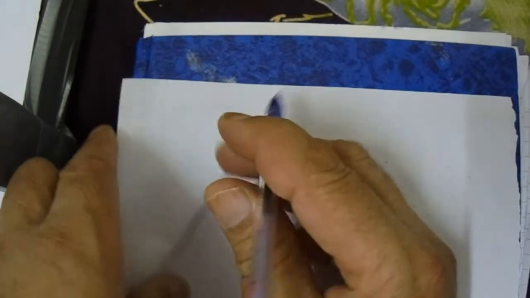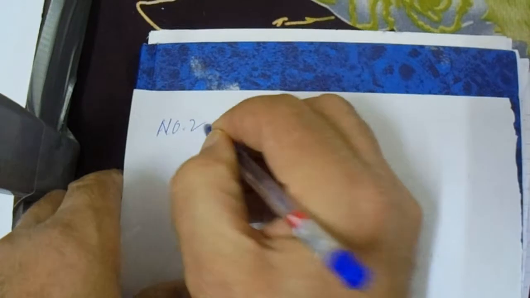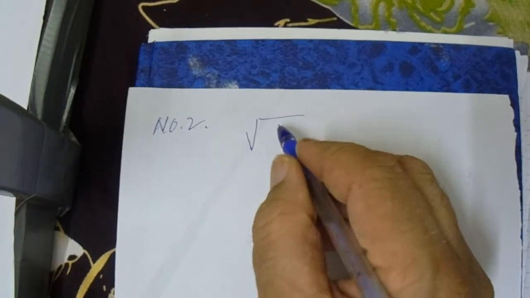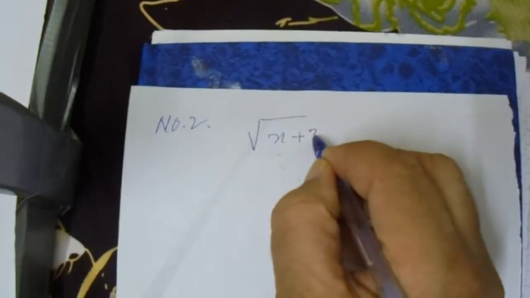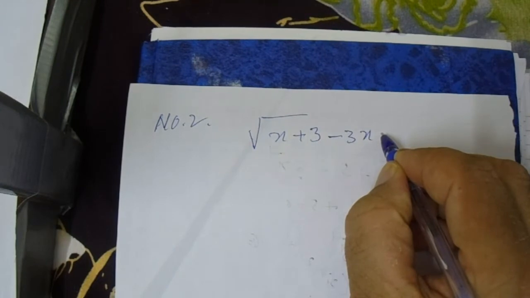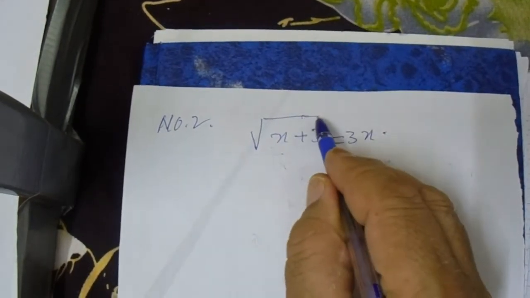Now the question number 2. Question number 2 is under root x plus 3 is equal to 3x minus 1.